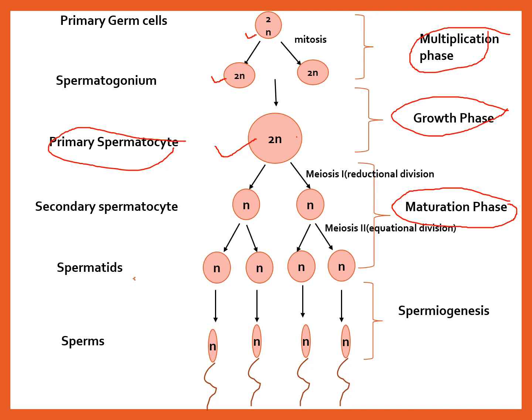The primary spermatocyte undergoes meiosis, which is a reductional division, and it forms the secondary spermatocytes, which have half the number of chromosomes. These secondary spermatocytes undergo a second meiotic division, which is an equational division, to form the spermatids. These spermatids undergo the process of spermiogenesis and differentiate into sperms.